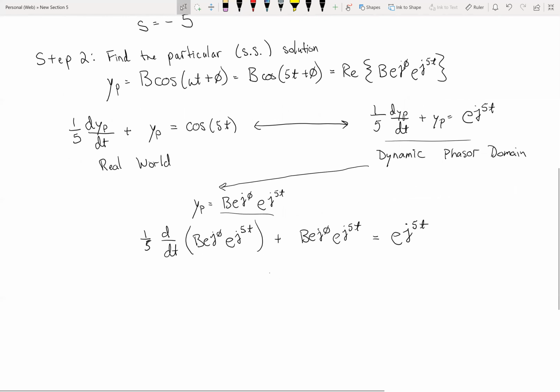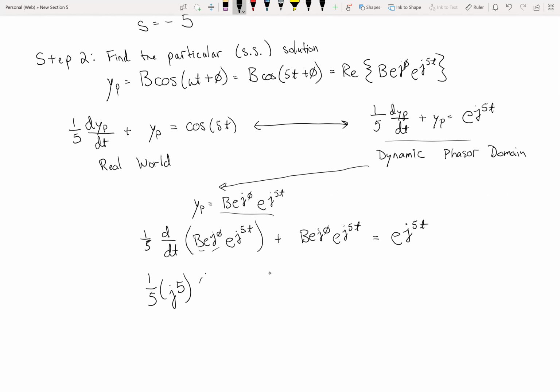Now, I take the derivative here. When I take the derivative, I have to be careful. B is a constant. E to the j phi is a constant. E to the j 5t depends on time, so that's the only thing I take the derivative of. That derivative is easy. I have 1/5 times j5, because the j5 comes down, right?